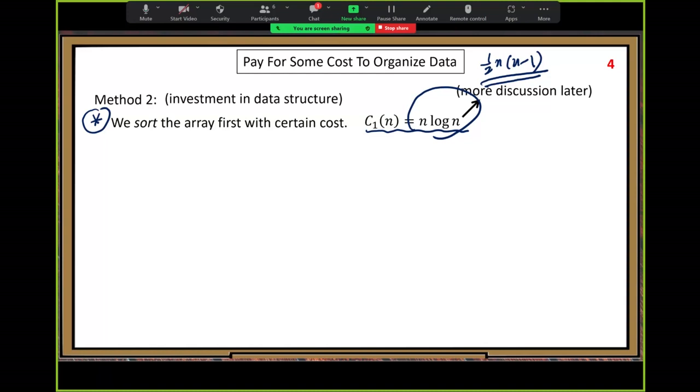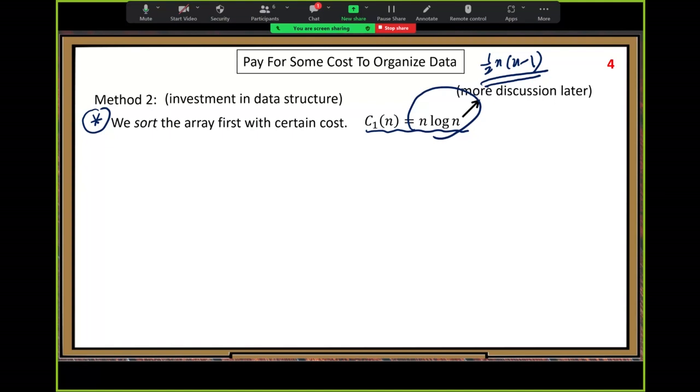Now, after the data is sorted, we can enjoy the good property of the data. Now the data becomes ordered. The original data is unordered, but after we sort it, we make it ordered. So next, when we do the element uniqueness checking, we work on an ordered array.